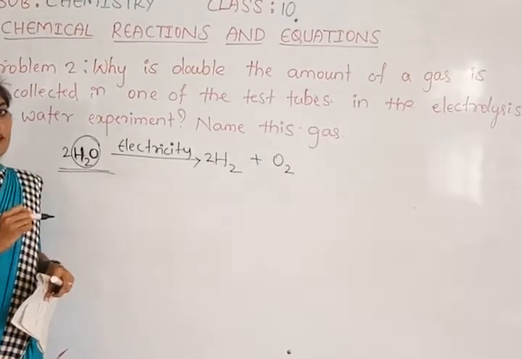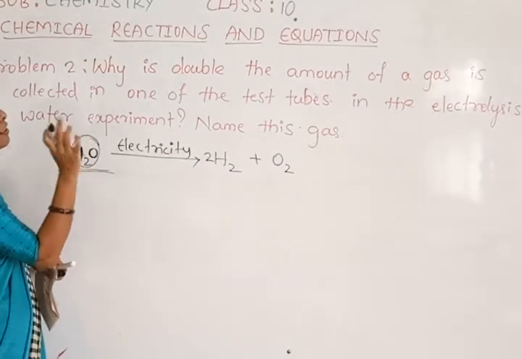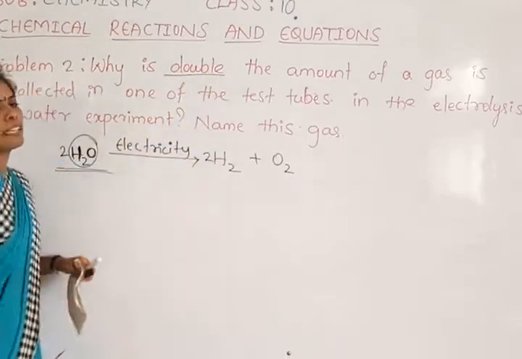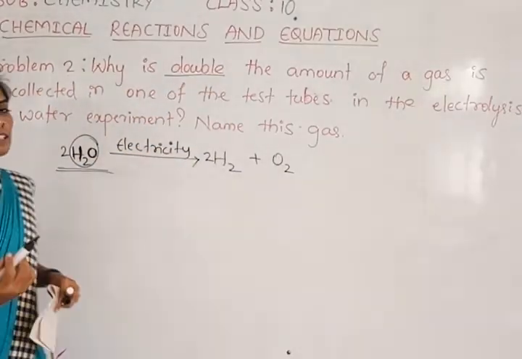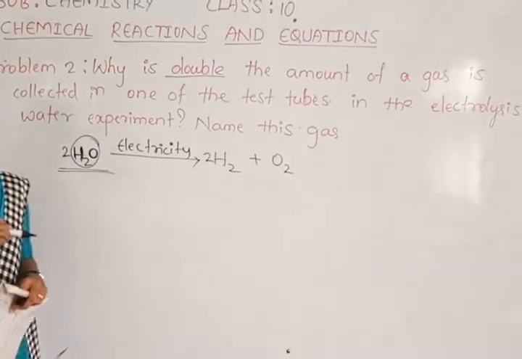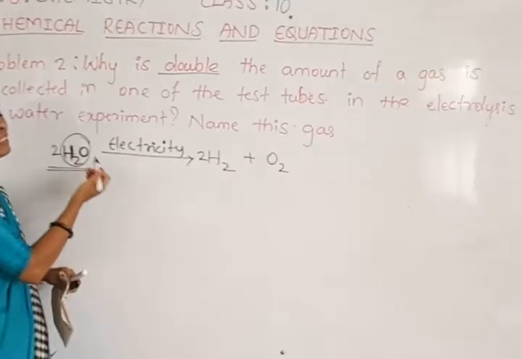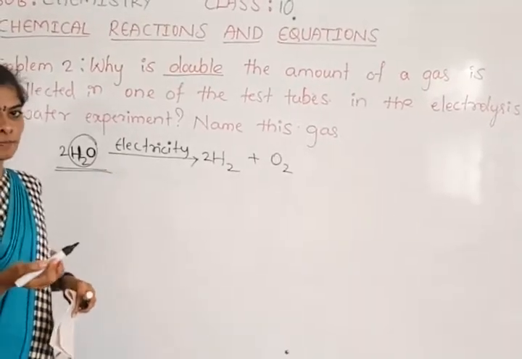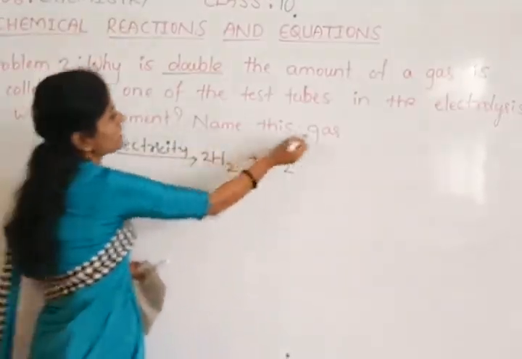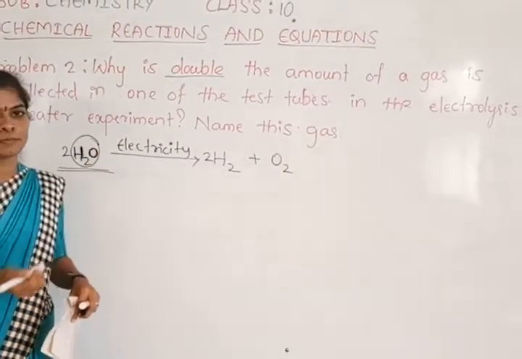Since hydrogen is 2 parts, hydrogen is double in amount. When we collect in the test tube, the hydrogen amount is double that of the oxygen, because there are 2 parts of hydrogen and 1 part of oxygen. This is the reason. And they asked to name the gas. What is that gas? That is hydrogen.